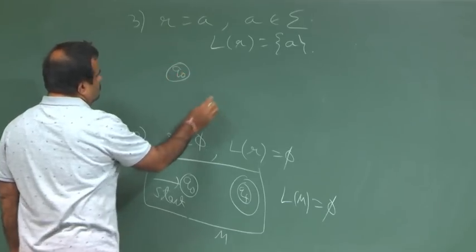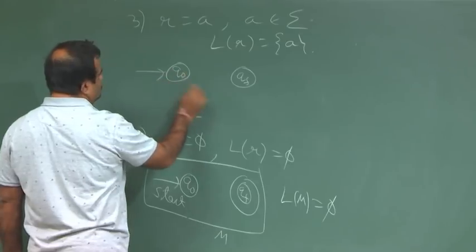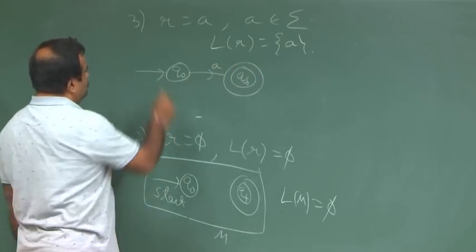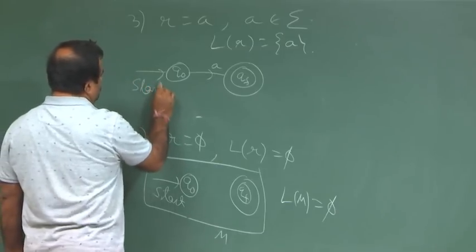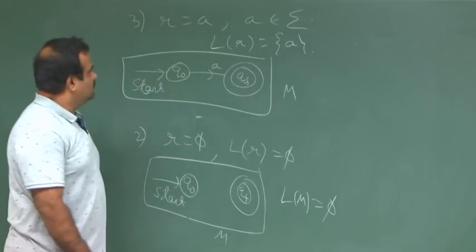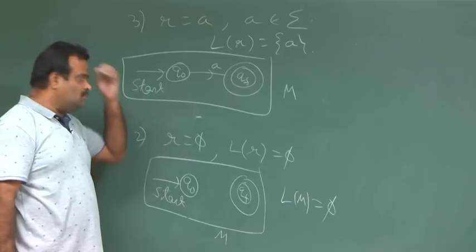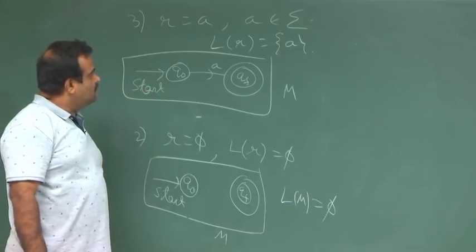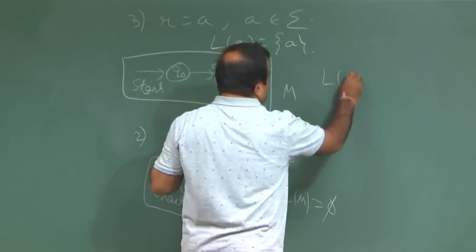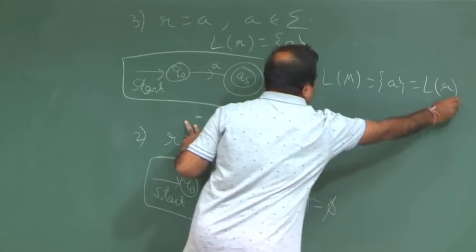So, this is also easy to construct. We have q 0, which is the starting state, and QF, which is the final state, and we have a. Okay. This is our M. This is our epsilon NFA, although there is no epsilon move. What is the language accepted by this? L of M is basically a, which is the same as L of r.